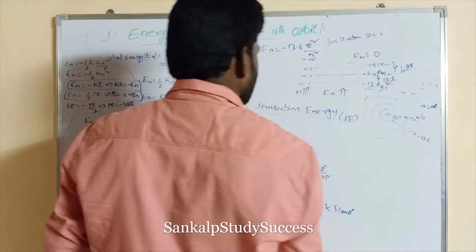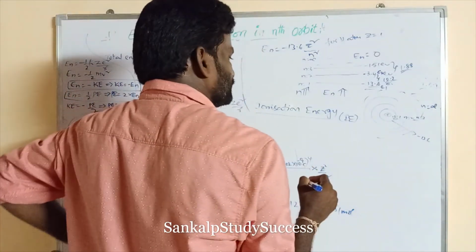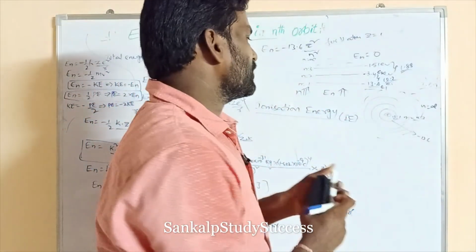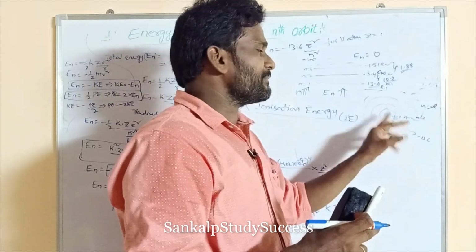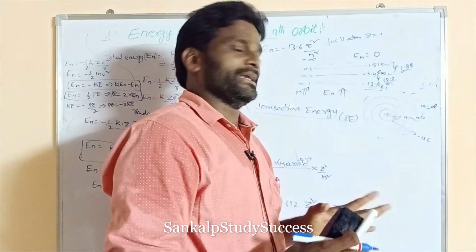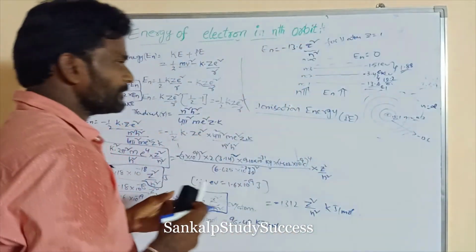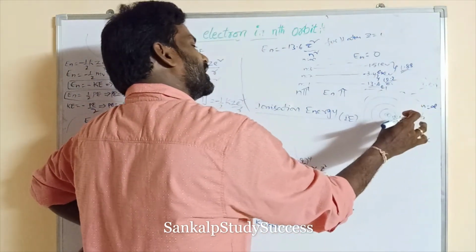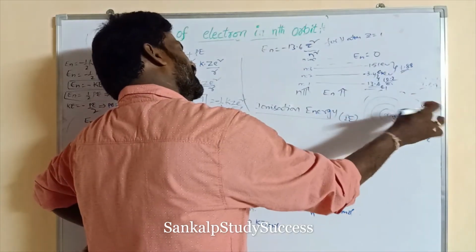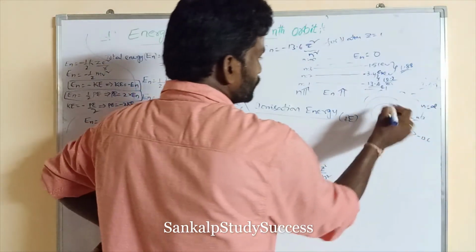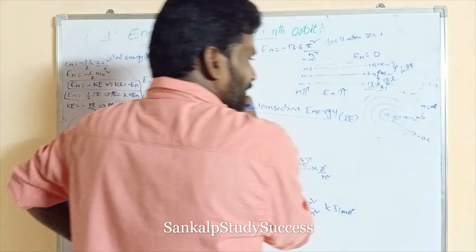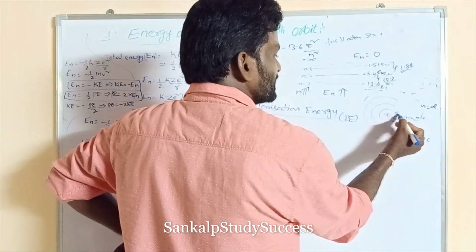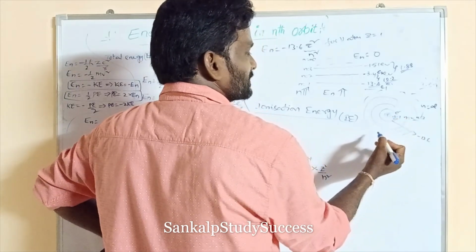So now listen to me. Ionization energy. What is the ionization energy? The energy required to remove an electron from an atom or ion in the ground state. There is some attractive force present between the electron and the nucleus.